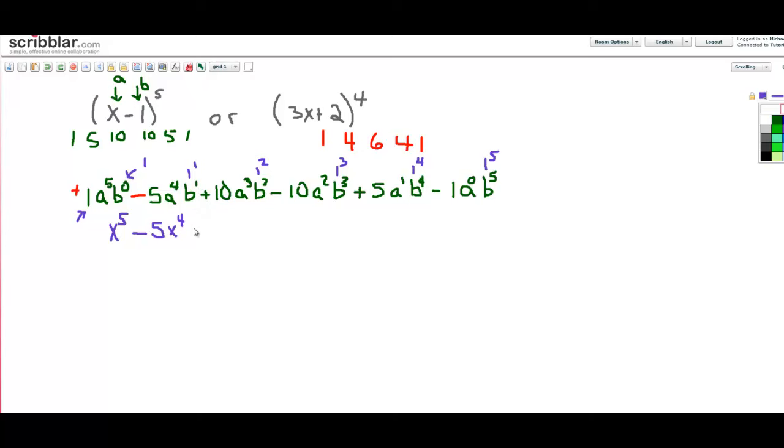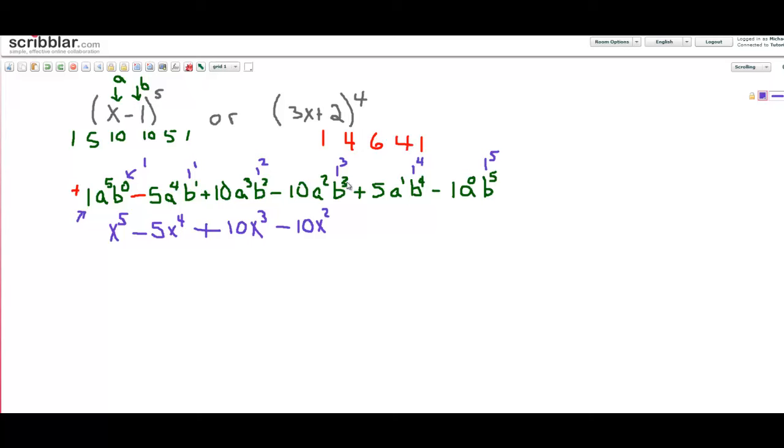So now the second part here, it's going to be plus our 10. A is x, so x to the third. And again, the b is real simple. 1 squared is 1, and we don't really have to do anything to it, because 1 times anything is itself. So now minus 10. Again, a is x squared.